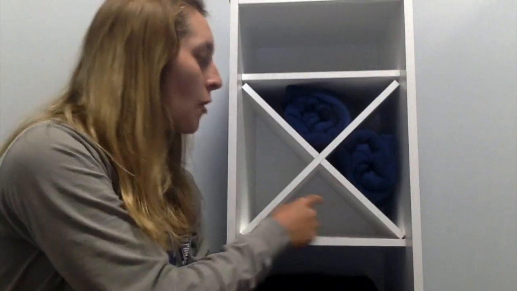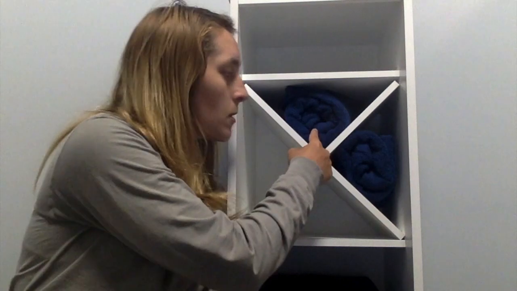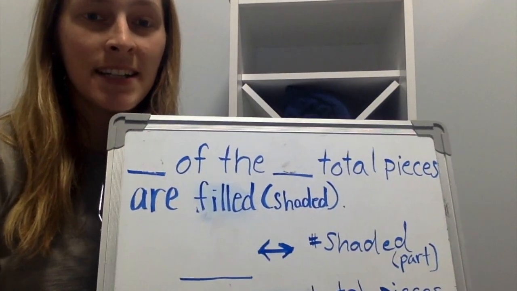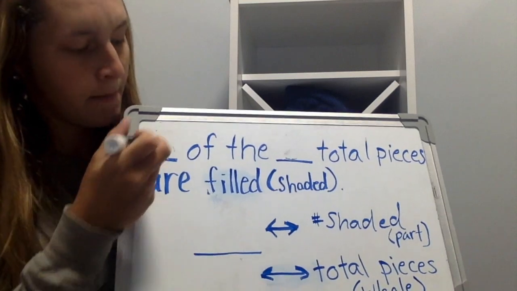We still have 4 total equal pieces, but now some of them are shaded in. Looks like 1, 2 are shaded in. So how do you think that we'll write that as a fraction? Let's hop on over to the whiteboard. Now we've got to fill in our sentence again.